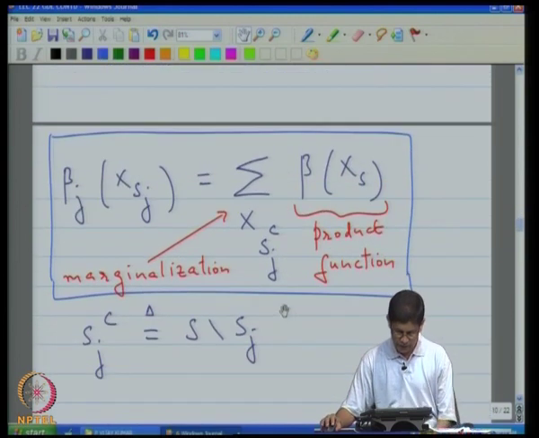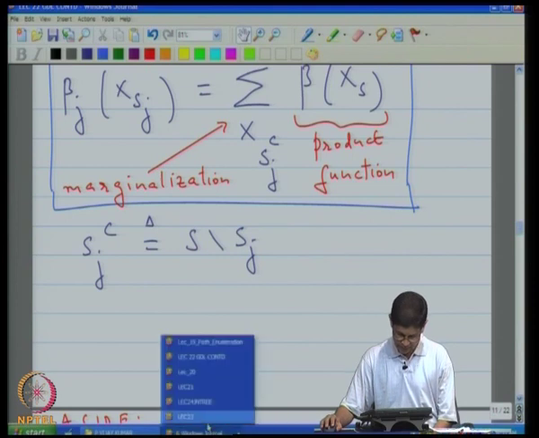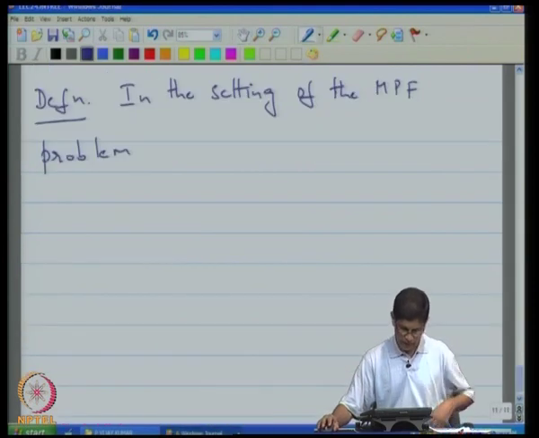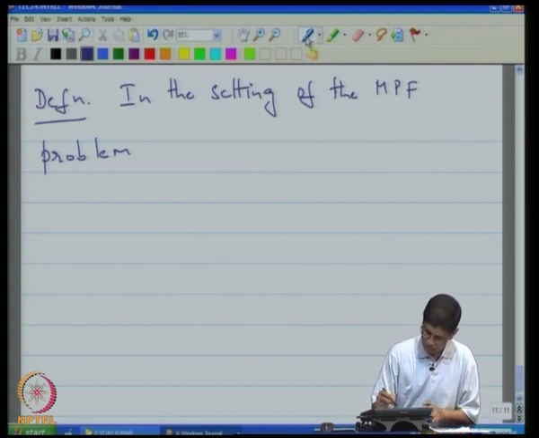So, there are these local domains, and we are going to call upon them in the setting of the MPF problem.